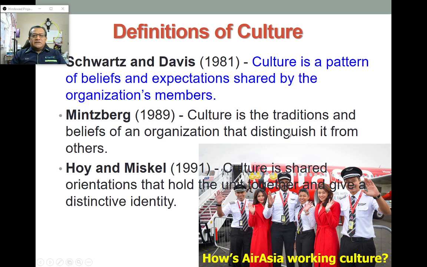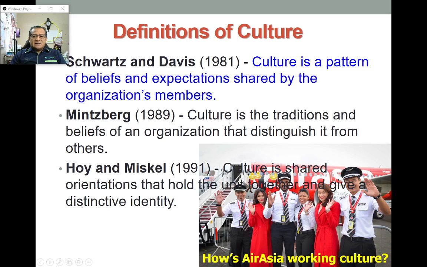Let's take a look at the definition of culture. Okay, what does culture mean? By Schwartz and Davis' definition, culture is defined as a pattern of beliefs and expectations set by organizational members. So it is about a pattern of beliefs and expectations. The second definition is by management guru Mintzberg, 1989.